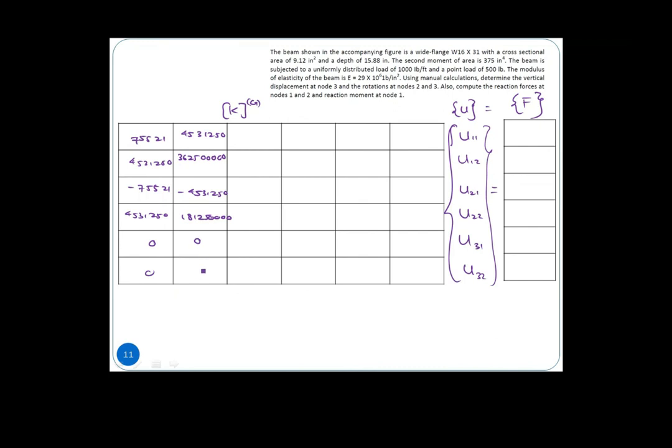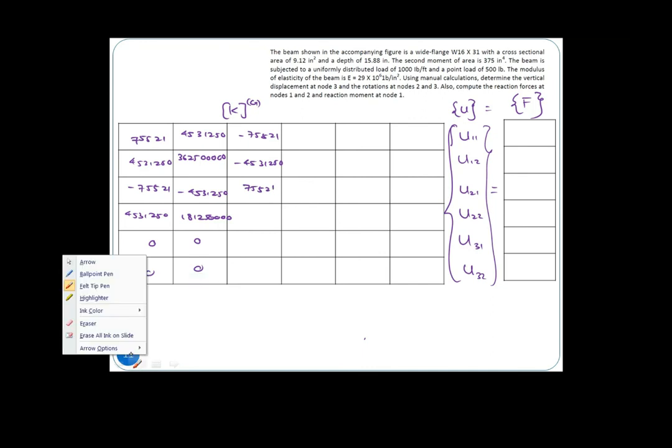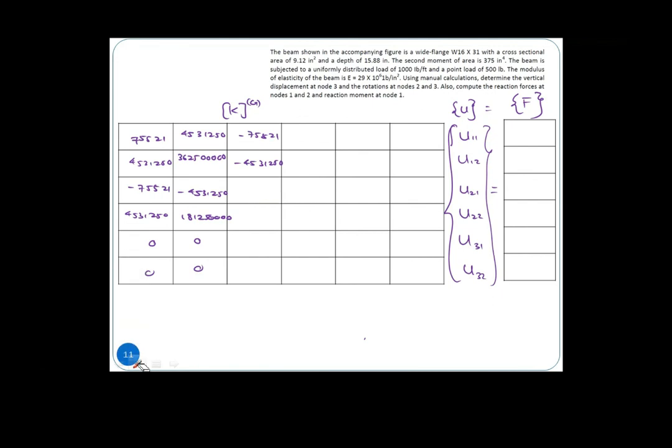Right, so here will be 0, 0. Then we have negative 75521, 4531250, 75521. I will write that as a sharing of node 2. Okay, so let me move it up a bit. 5521. Then I have negative 4531250.